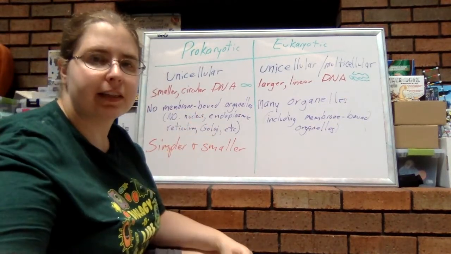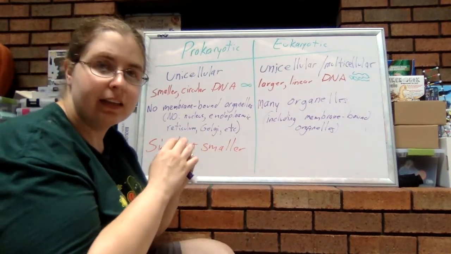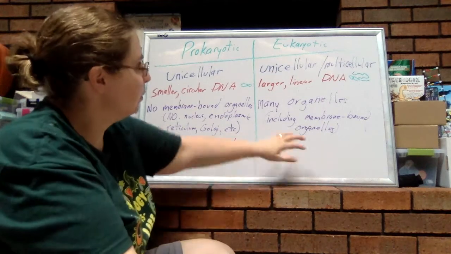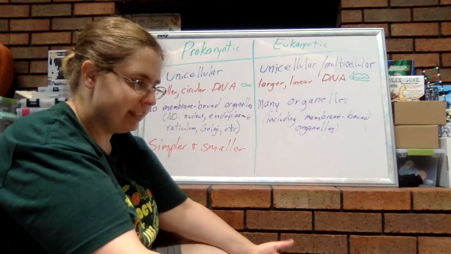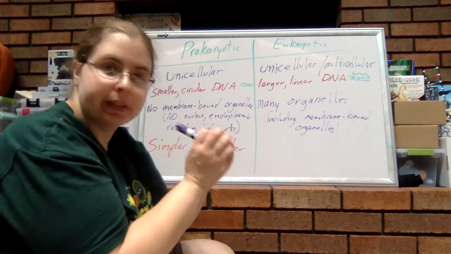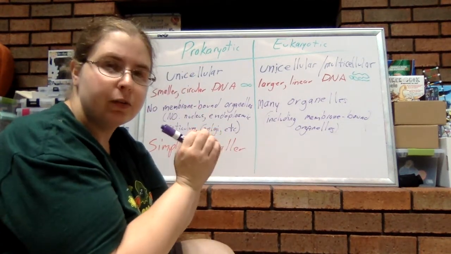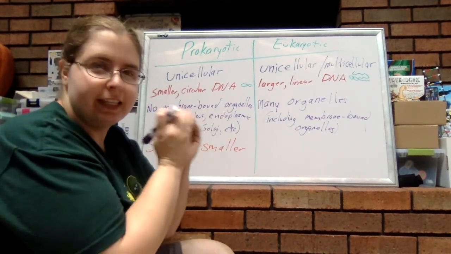So that means that their DNA is sitting right smack dab in the cytoplasm, as opposed to eukaryotic cells, where the DNA is actually protected inside the nucleus. So in a eukaryotic cell, the DNA is tucked inside the nucleus.